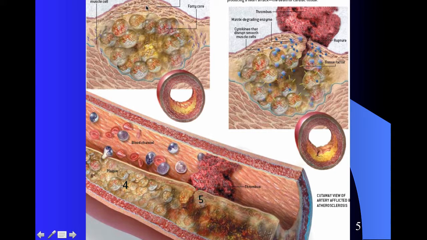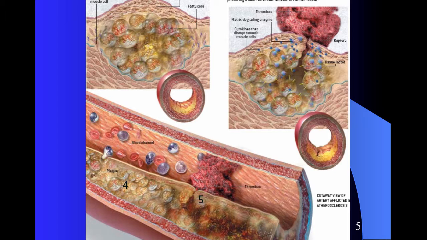So we have smooth muscle cells blocking this off. If that blocks off blood flow, it can cause a part of the heart to become necrotic or die, and that's essentially a heart attack. Now that only happens about 15 or 20% of the time. In other words, most of the time that's not what causes a heart attack.